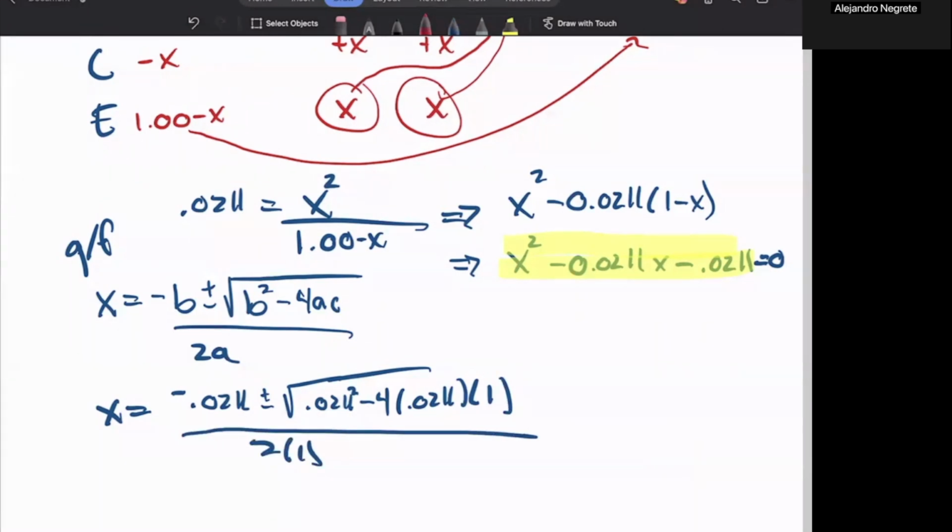I did miss a negative sign, so let's actually put that back in here. So this is negative, right? I did miss that. So let's go ahead and calculate this out now.